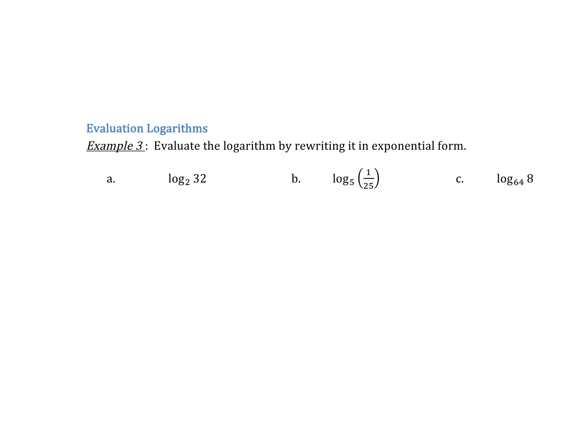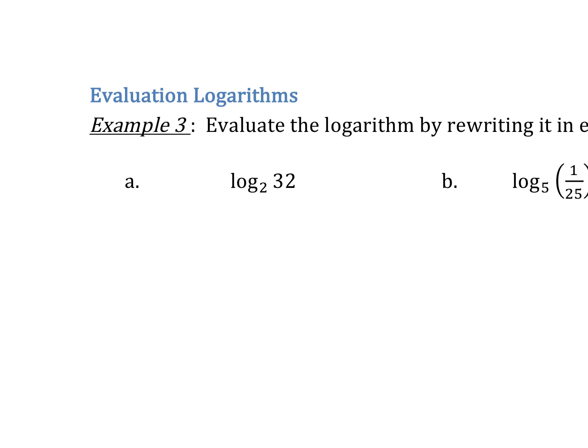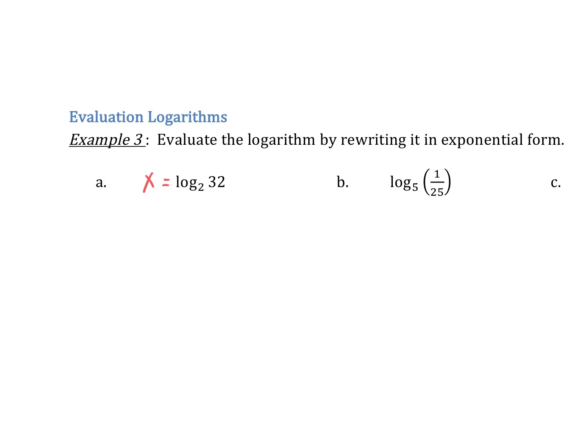So to evaluate some logarithms, we can rewrite these in exponential form. So if we want to evaluate this, log base 2 of 32 is how we read that. This means a question. Sometimes it's helpful to put equals x on here. So we want to rewrite them in exponential form.